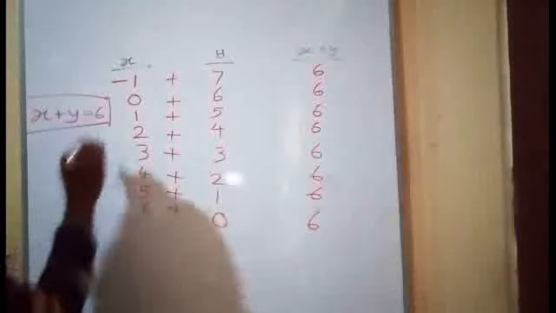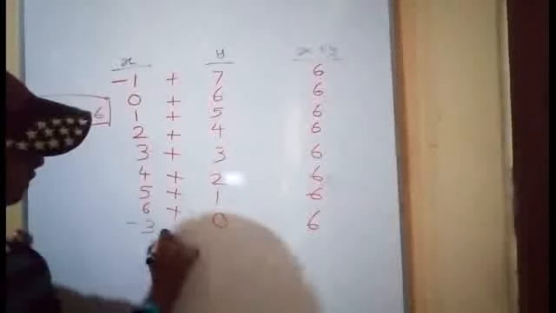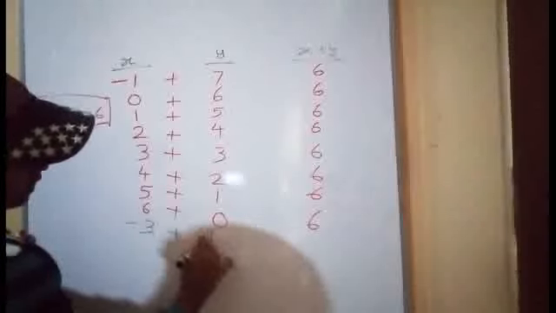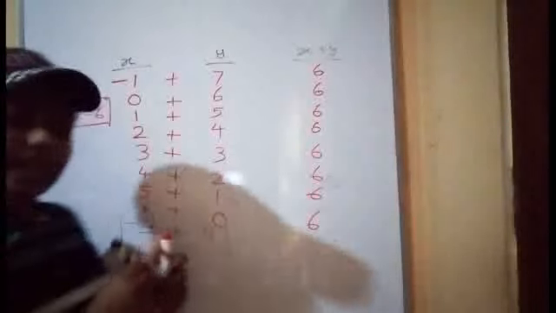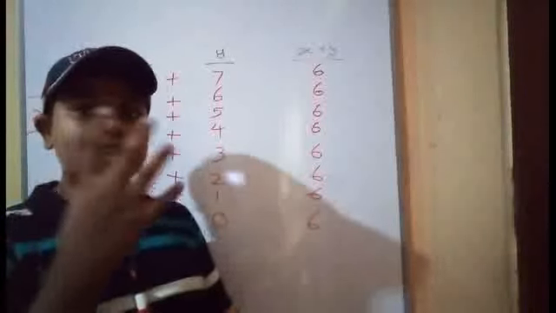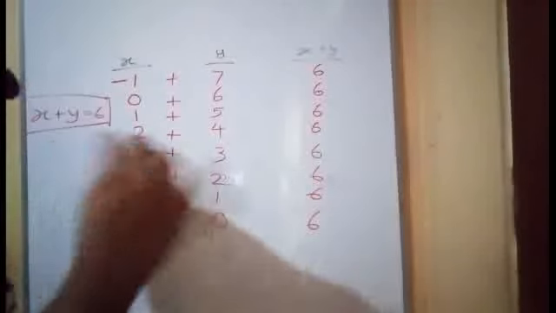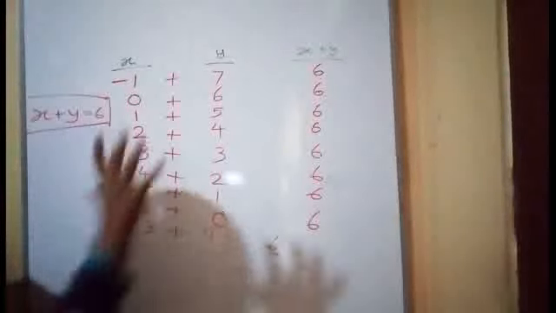If the x is minus 3, plus 9. This is an example. Now we can go minus 3, minus 2, minus 1, 0, 1, 2, 3, 4, 5, 6. Now what is the conclusion?